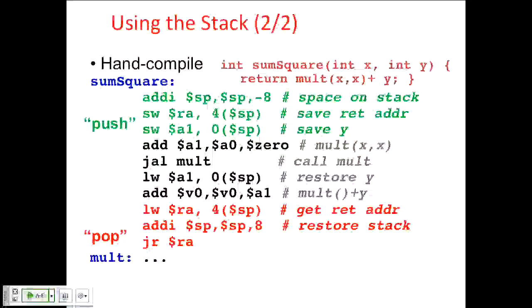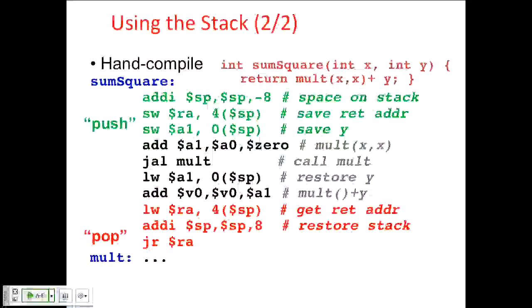So remember, the convention is that A0, A1, A2, A3 are the four arguments to a function. Registers V0 and V1 are the values coming back from a function. So the result of the multiply call is in V0. We add Y to it, just overwriting V0 again, because now V0 becomes the return value from this function, sum square, going back to whatever called sum square.